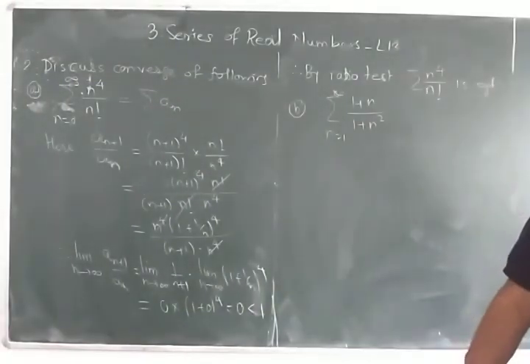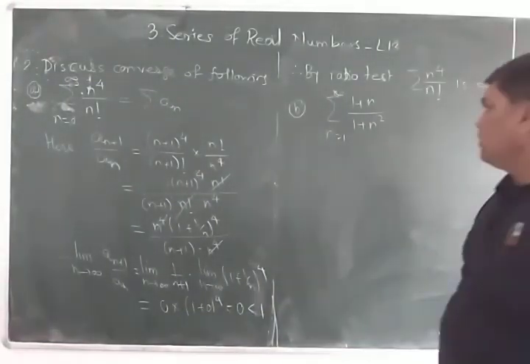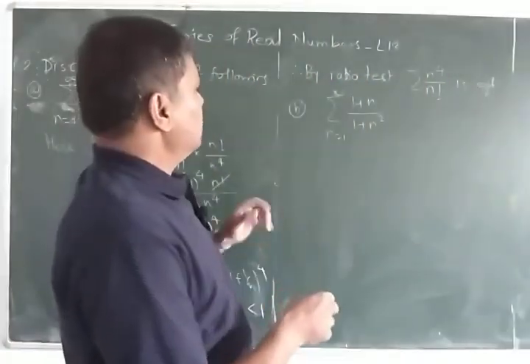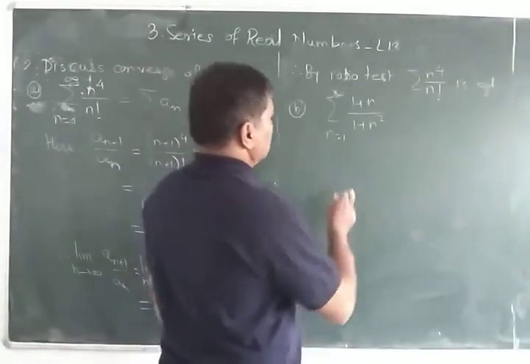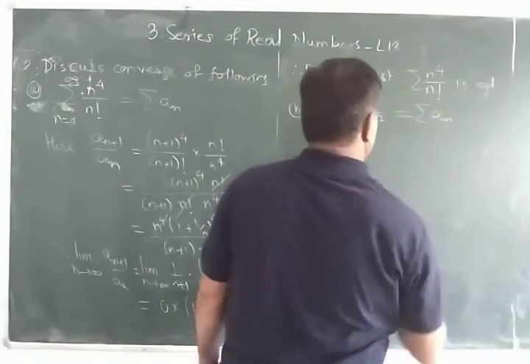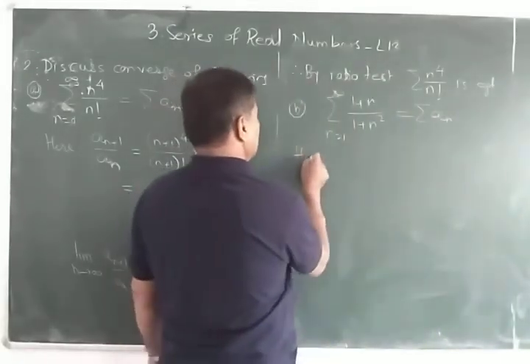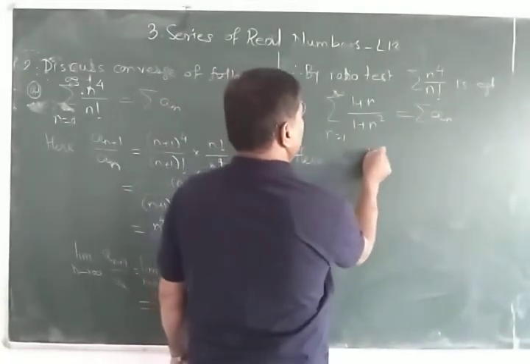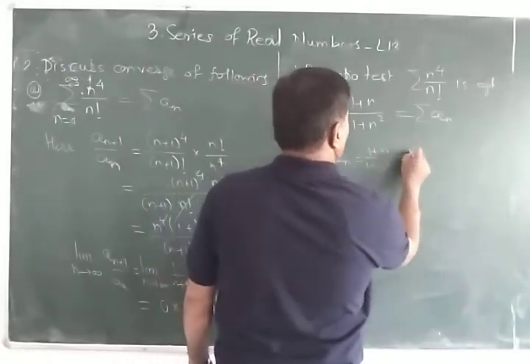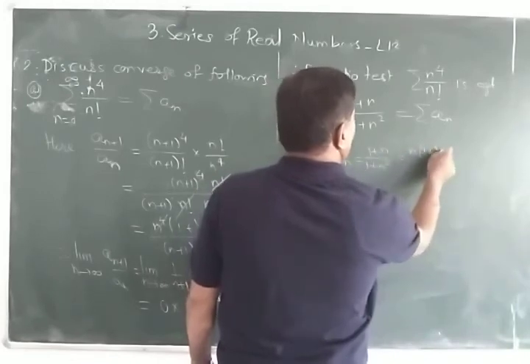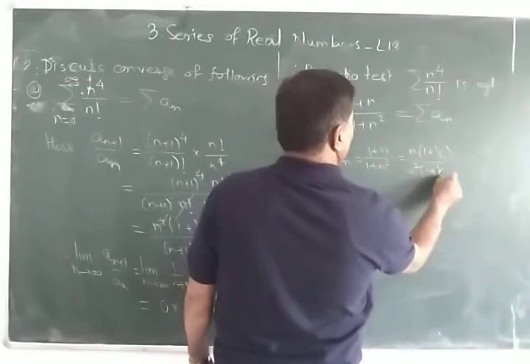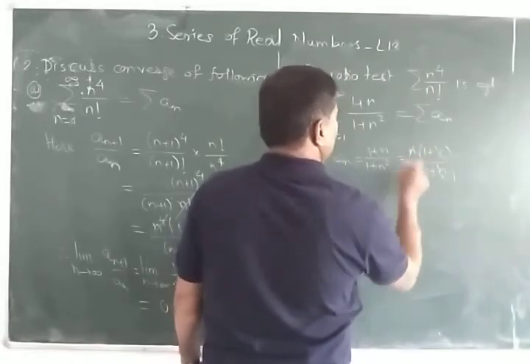If I take this, so here if I compare this with summation bn, here an is equal to 1 plus n upon 1 plus n square, which is equal to, by taking n outside, n in bracket (1 plus 1 upon n) upon n square in bracket (1 plus 1 upon n square). This one n gets cancelled.